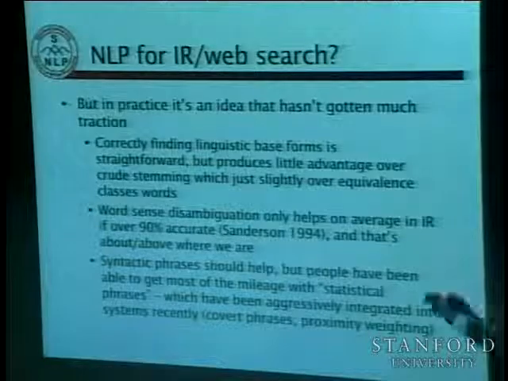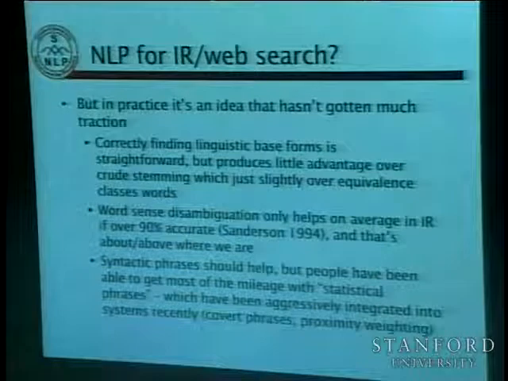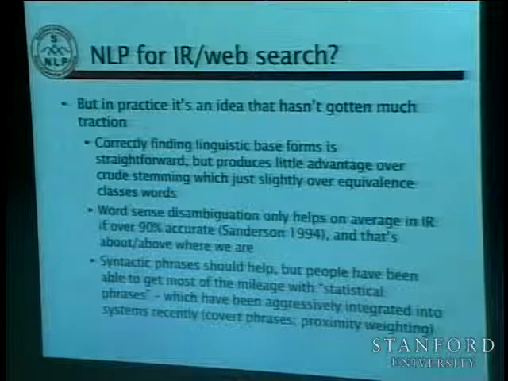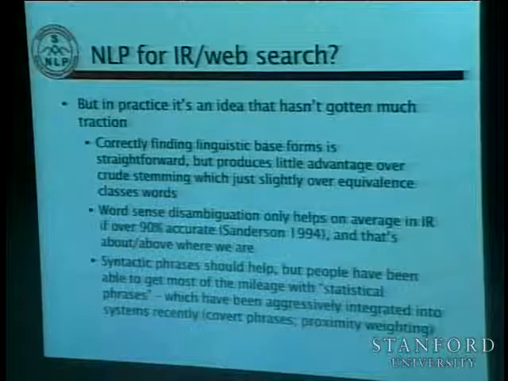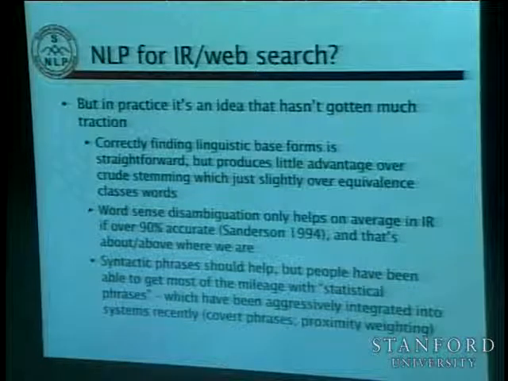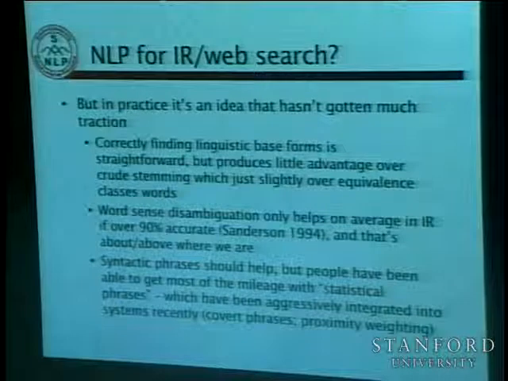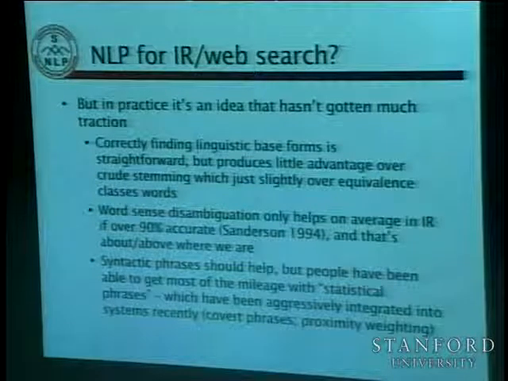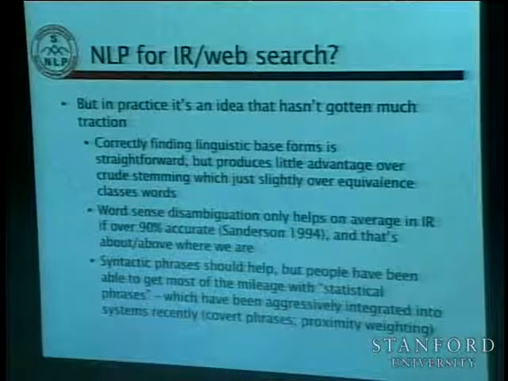So there's an early study over a decade ago now by Mark Sanderson, who was an IR person in England. Essentially, it was a user study of how accurate word sense disambiguation had to be before, on balance, users were happy with the system.